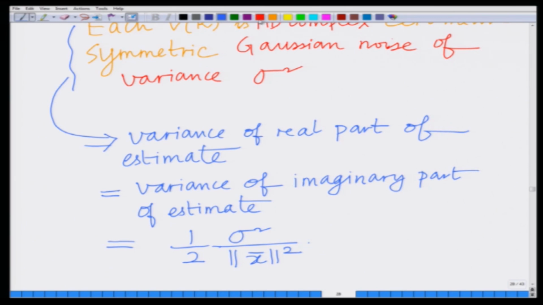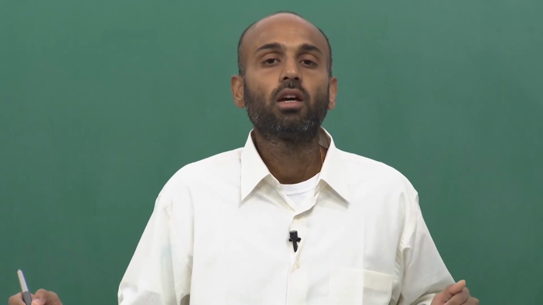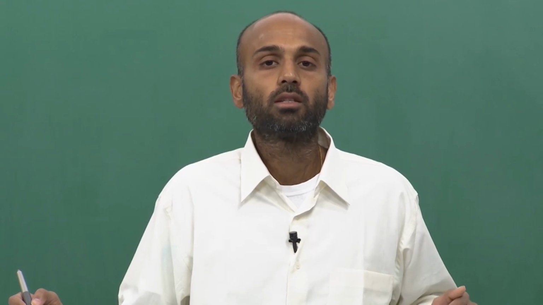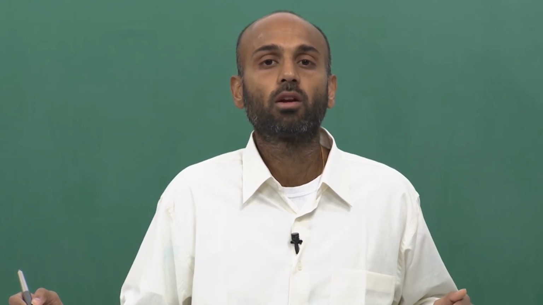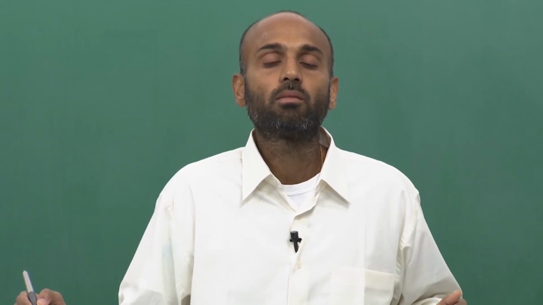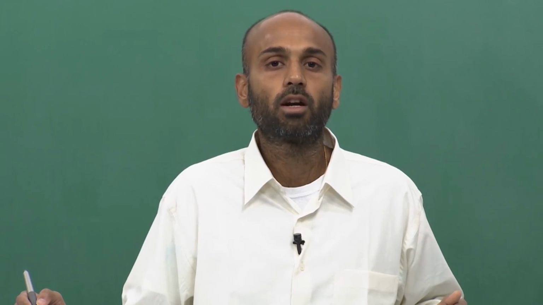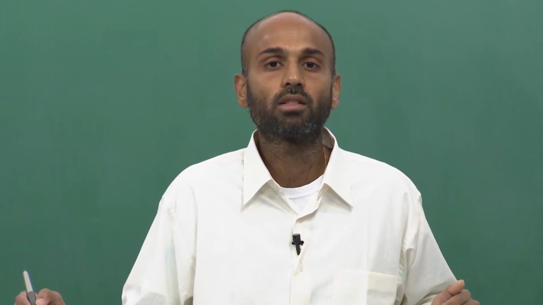So, what we are saying is that it can be extended to a complex parameter h, that is the complex baseband channel coefficient h, in a straightforward manner. First, the channel estimate h hat is x bar Hermitian y bar divided by norm x bar square, and further the variance of estimation of the complex parameter h hat is sigma square divided by norm x bar square, which remains unchanged.